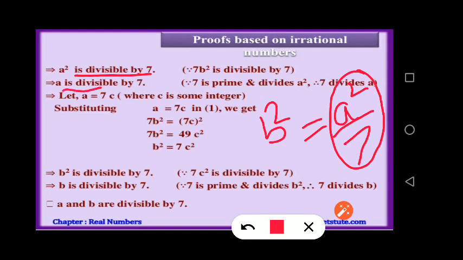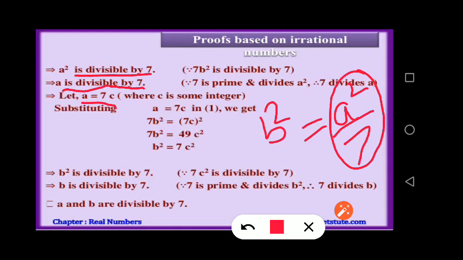So let's assume that a is equal to 7c, because if a is divisible by 7, which means a is a multiple of 7. So let us assume a is equal to 7c, or 7d, 7e, 7x, anything you can take. Okay, so what we get, a is equal to 7c.